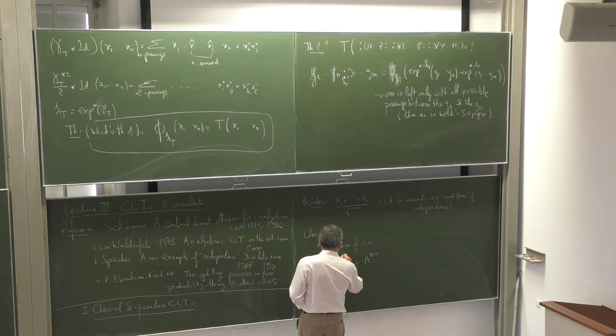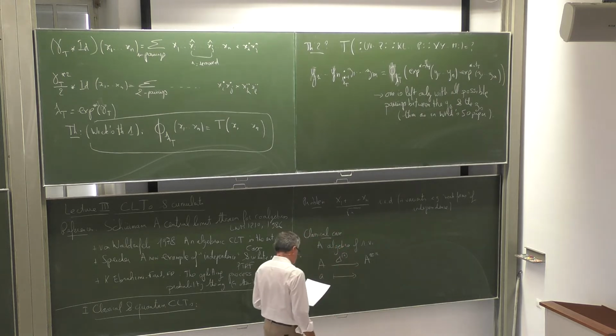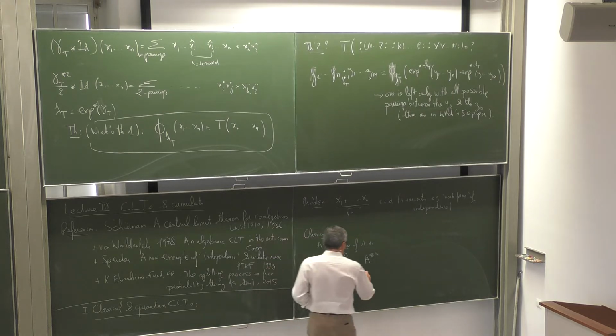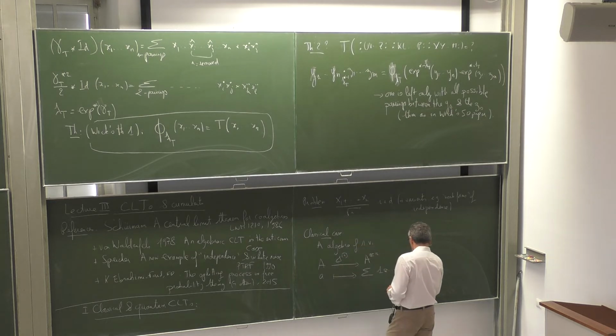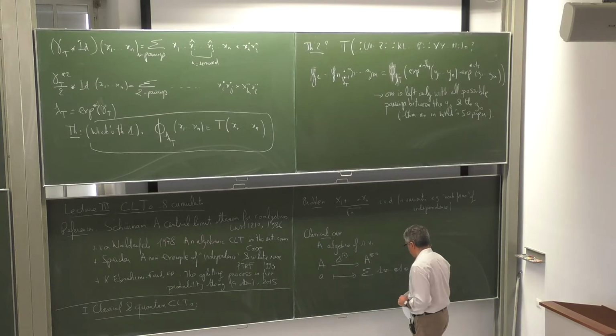I will write this delta n for obvious reasons. You send A to the sum of all possible tensor products of copies of the unit, where you insert A somewhere.